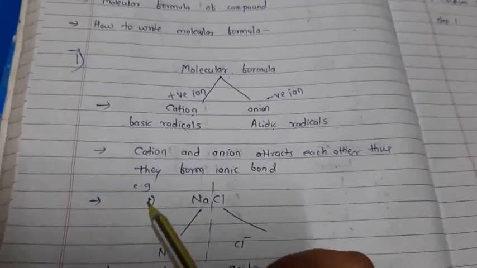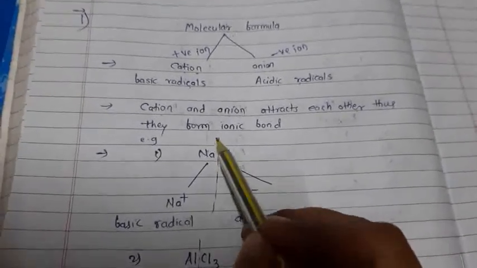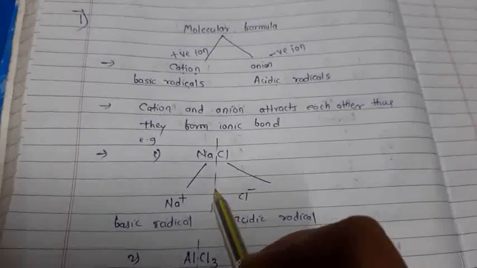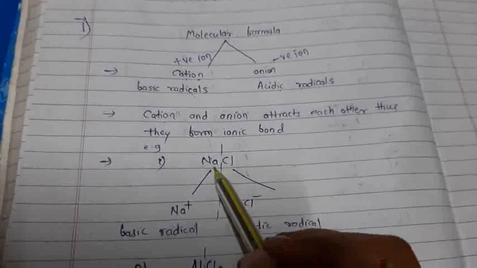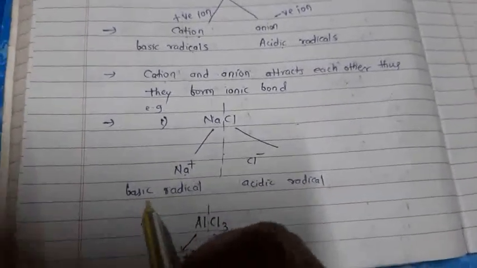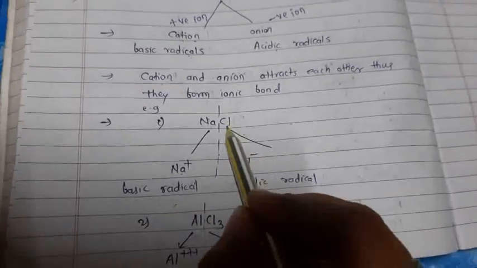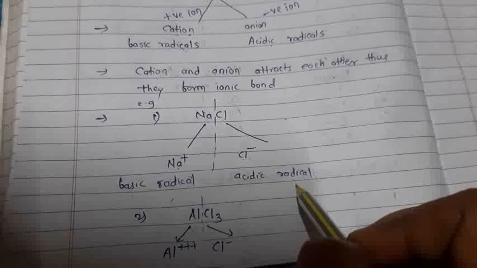For example, suppose I have written the molecular formula of NaCl. If we divide it in two parts, this will be the first part and this will be the second part. So Na, which is Na plus ion, is known as basic radical, and Cl is Cl minus ion, which is known as acidic radical.